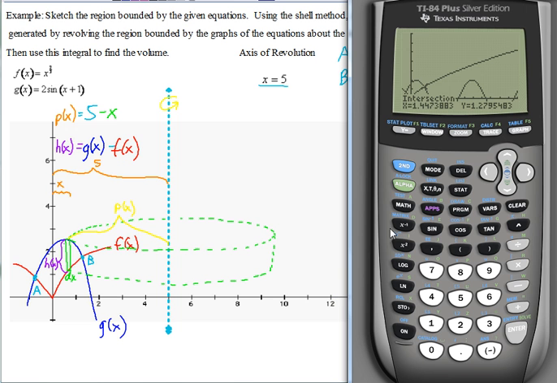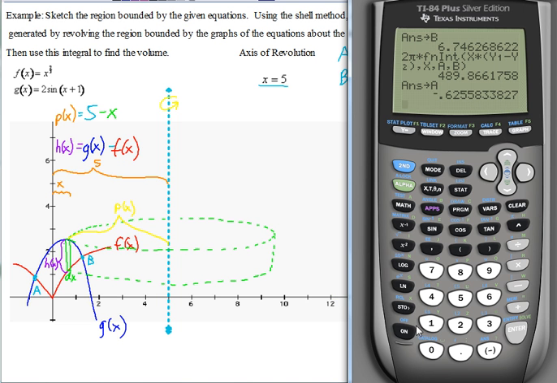And let's store this in our calculator. Second quit, store alpha B.